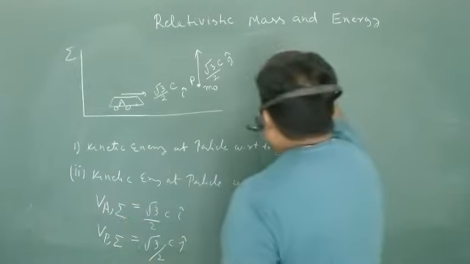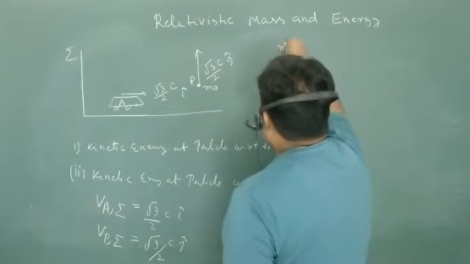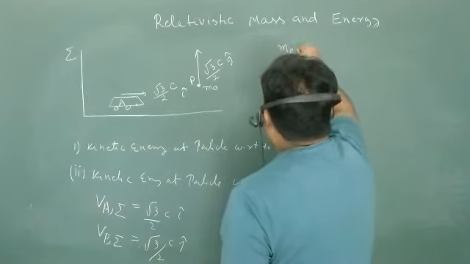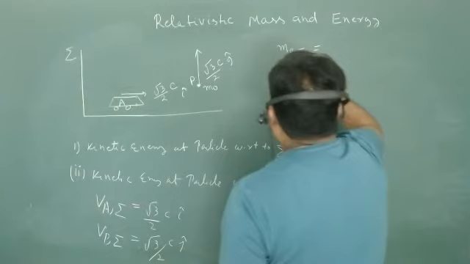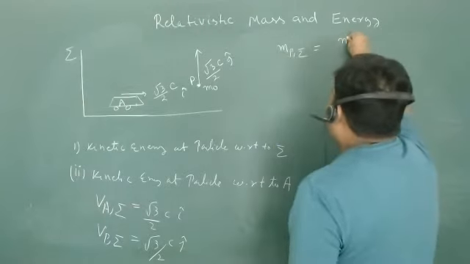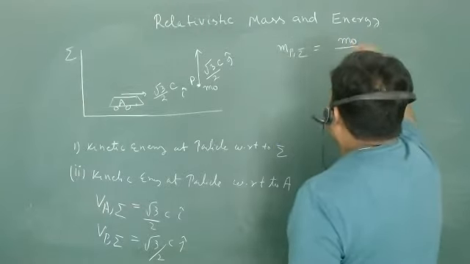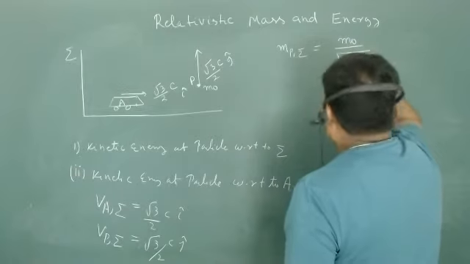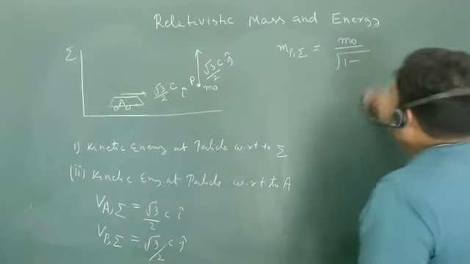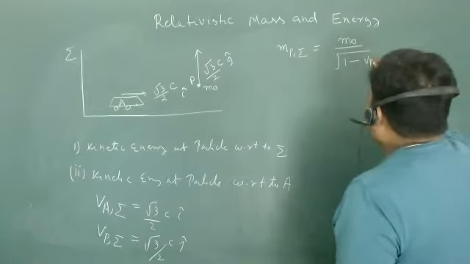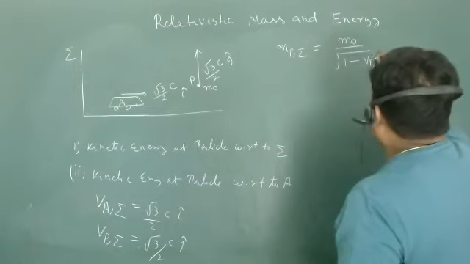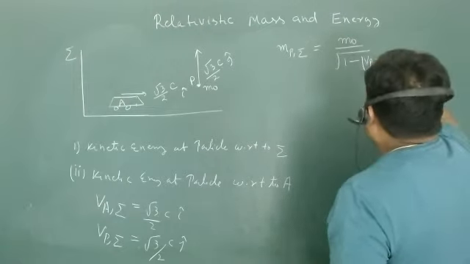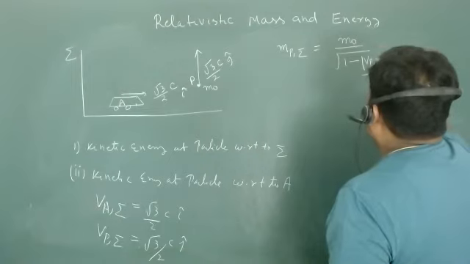So first we have to calculate the mass of the particle with respect to sigma. That means m naught is the rest mass, divided by root of 1 minus velocity of the particle with respect to sigma squared over c square.